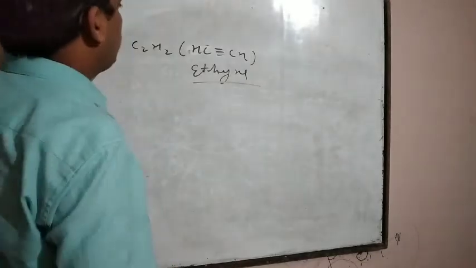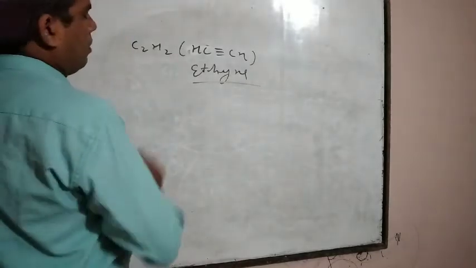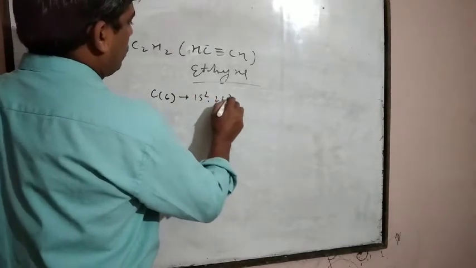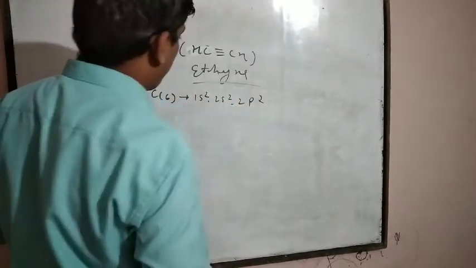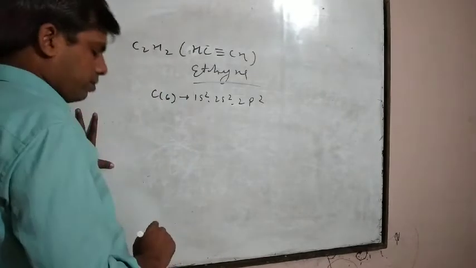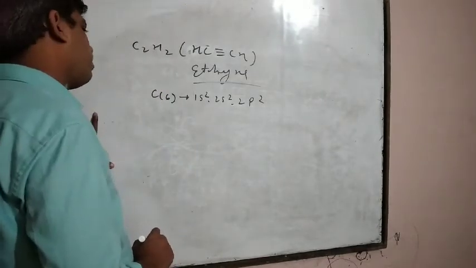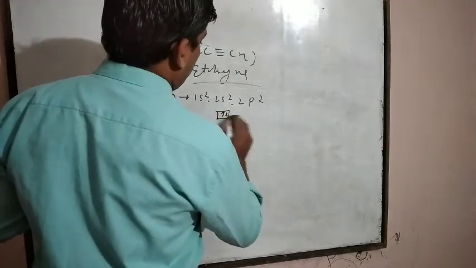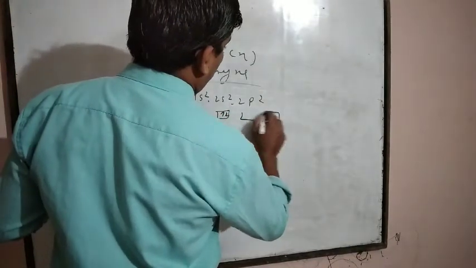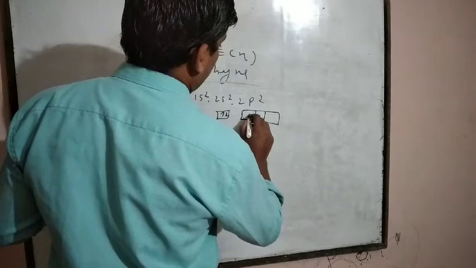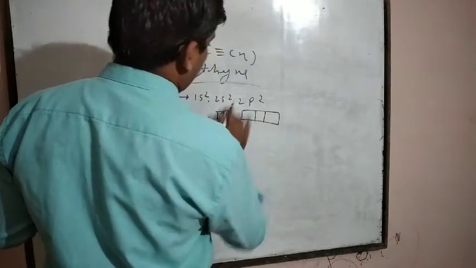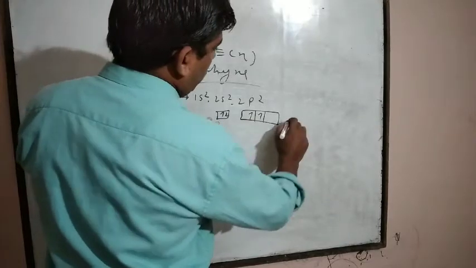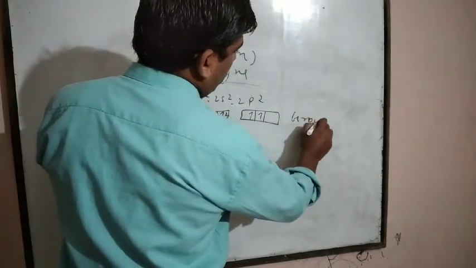Each carbon has atomic number 6, with configuration 1s2, 2s2, 2p2. In the ground state, 2s has 2 electrons and 2p has 2 electrons. This is the ground state.